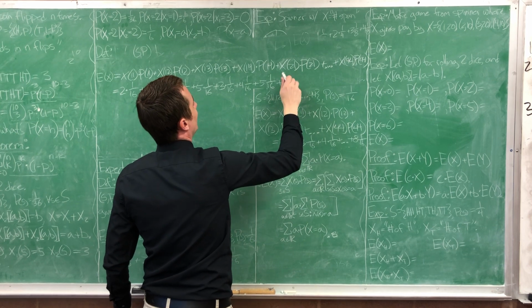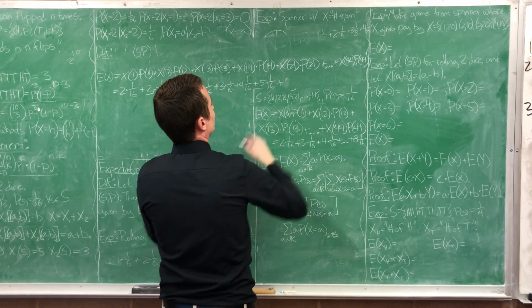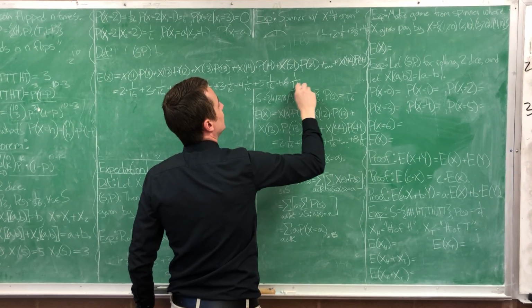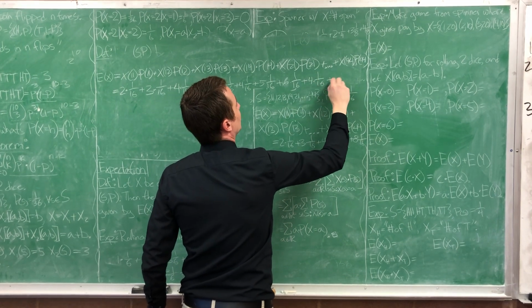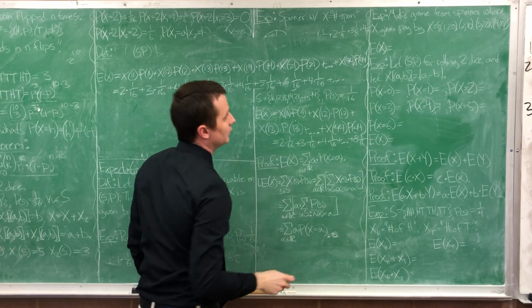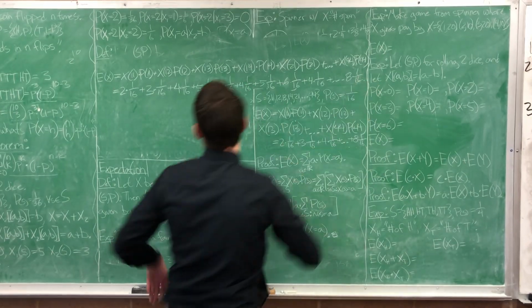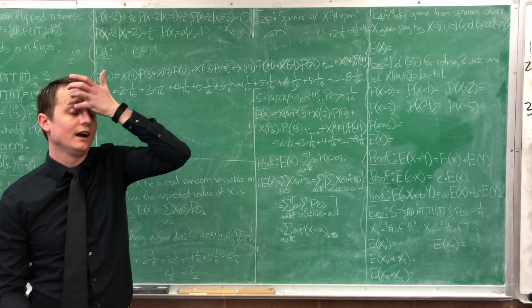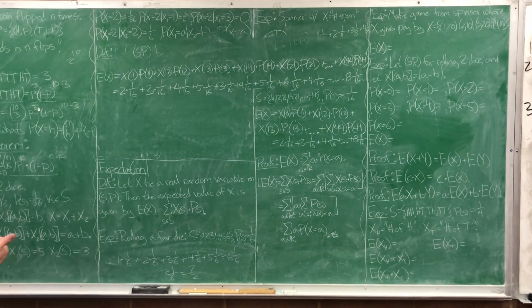Yeah, 2 and 4 would be a 6. 6 times 1/16. And then we would go to (3,1), which would be plus 4 times 1/16. And we keep going, plus dot, dot, dot, all the way until we got to 8 times 1/16. Okay, so you see how these numbers aren't just counting up to 8. And if we wrote them all out, there'd be a total of 16 numbers.